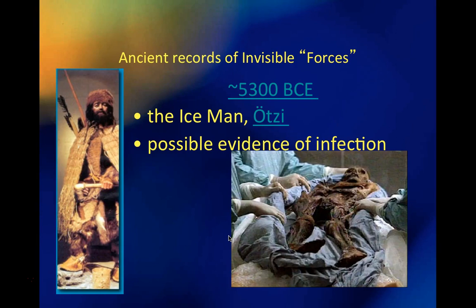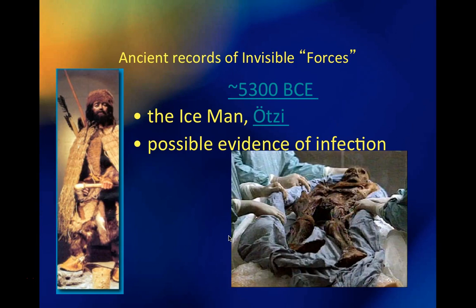occurred. Fortunately for us, we do have a few rare examples of prehistoric human beings, or even prehistoric Neanderthal, that gives us an idea of what might have been occurring or how they lived. And one excellent example is a mummified human being that's been nicknamed the Iceman, Otzi.